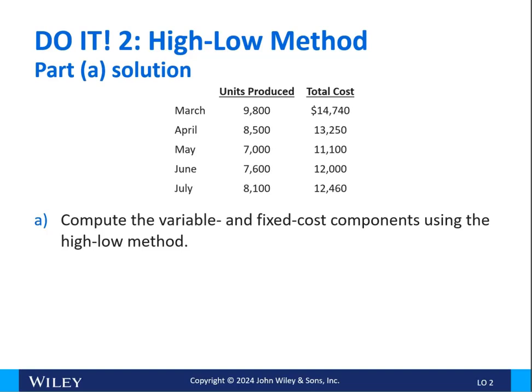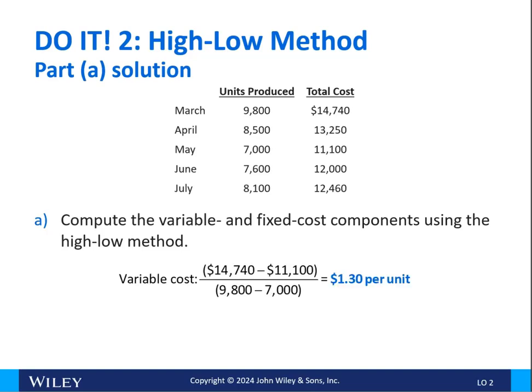That's the low. So using that data, we get our variable cost per unit as the difference in total costs, the high of March minus the low of May, divided by the change in units produced. Again, high in March, low in May, and we get $1.30 per unit.